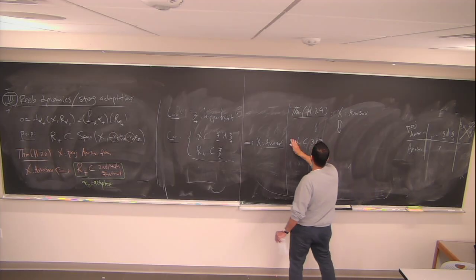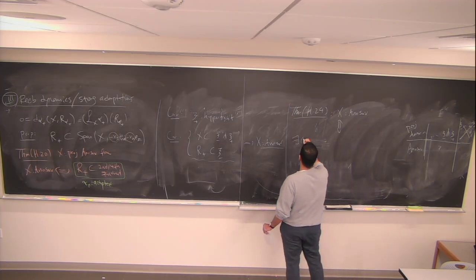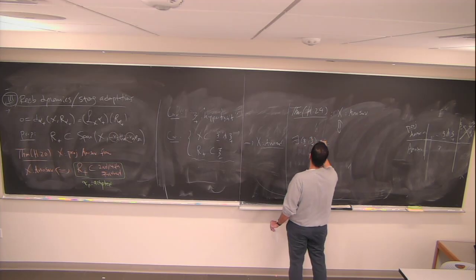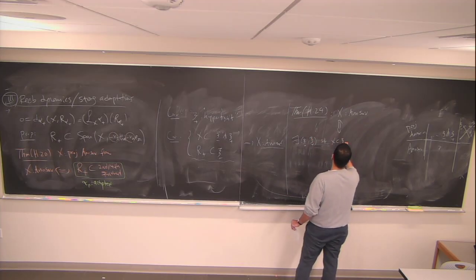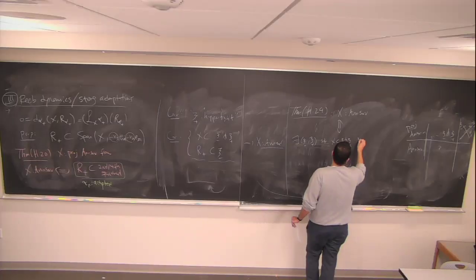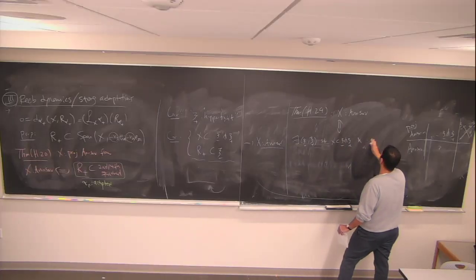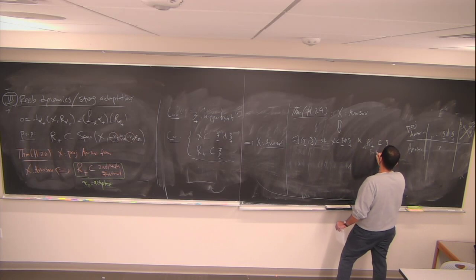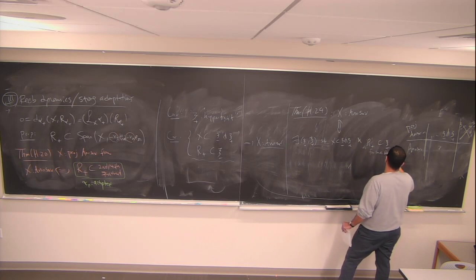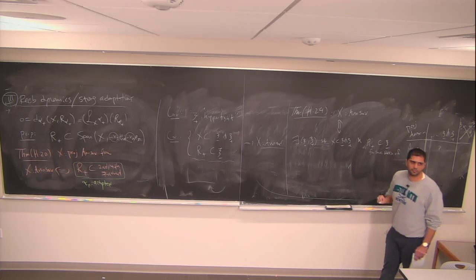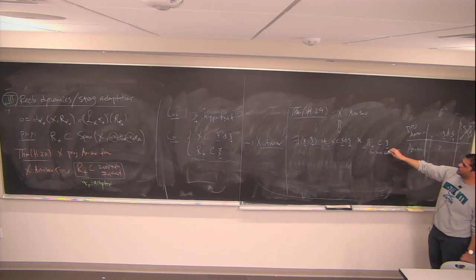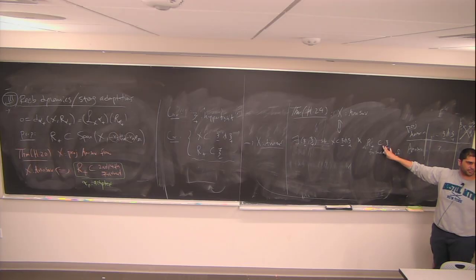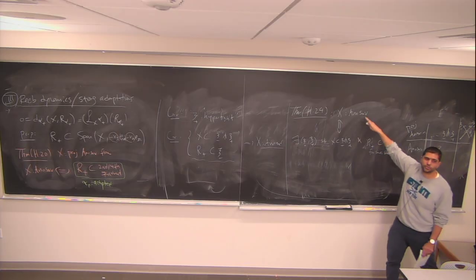So basically, let me write this: there exists a bicontact structure such that X is included in this intersection, and C minus. So let's say R plus is included in C minus for some Reeb vector. And now on this side, you have a purely contact geometric condition that makes it equivalent to being Anosov.